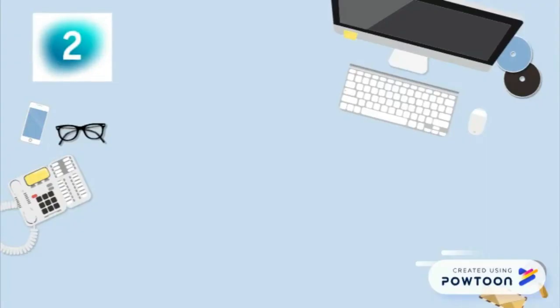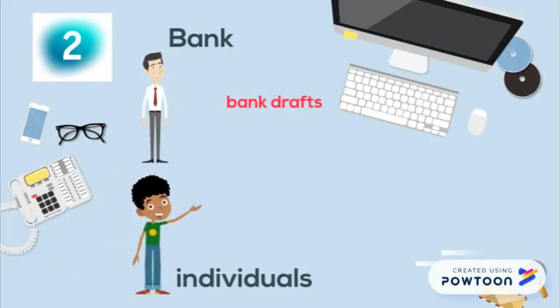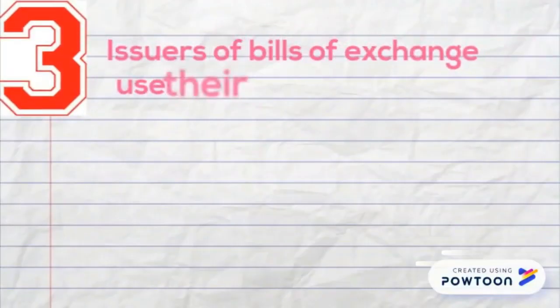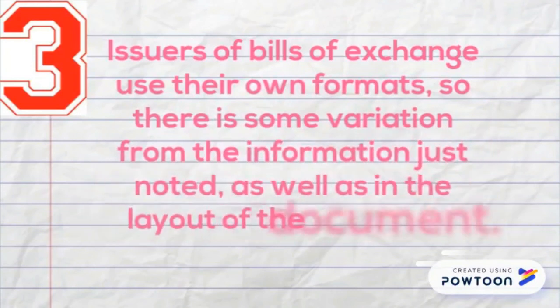The second, if the bills are issued by a bank, they can be referred to as bank drafts. If they are issued by individuals, they can be referred to as trade drafts. The third is that bills of exchange use different formats, so there is some variation from the information just noted, as well as in the layout of the document.